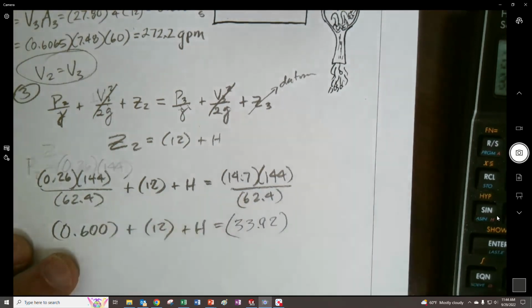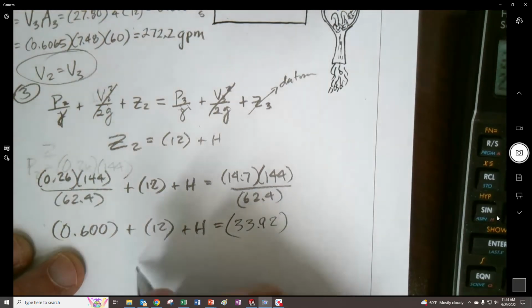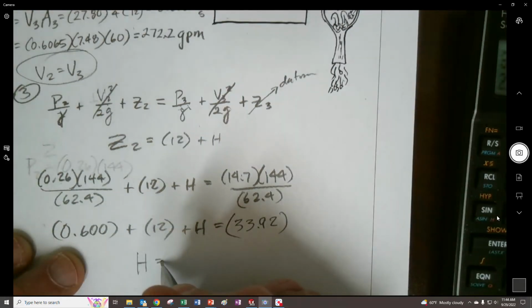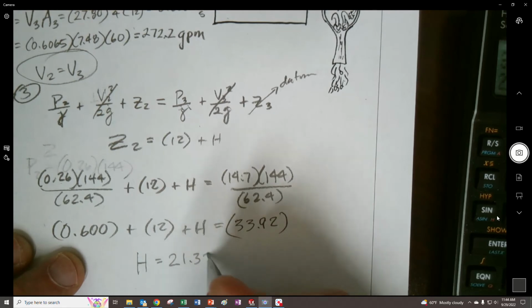Let me double check that. 0.26 times 144 divided by 62.4, still get 0.6, and then 14.7 times 144 divided by 62.4. Still got the same thing. Subtract that, and now subtract 12. Okay, now I got it. I just hit the wrong button. 21.32 feet. So that's as high as we can get.